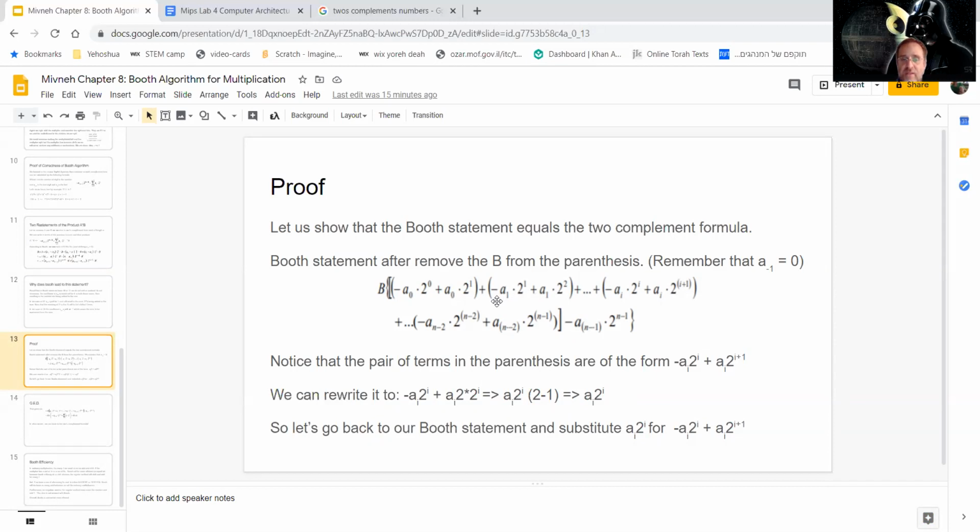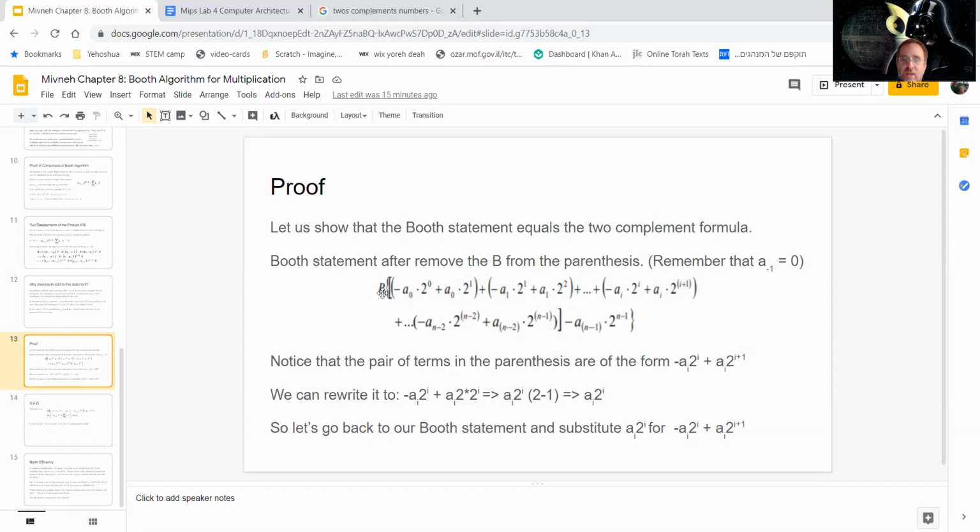Notice it always starts with a minus and then a plus. A minus and then a plus. And we keep going. And now we say, notice that the pairs of terms in the parentheses are equal to the form.